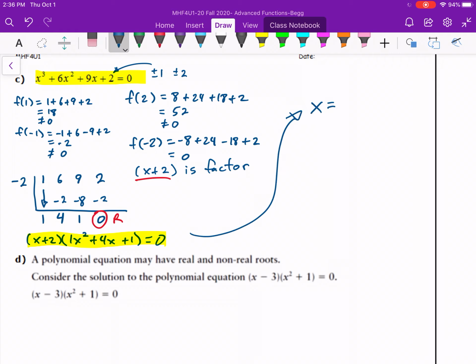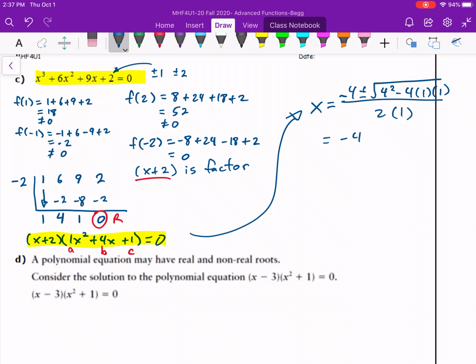X is equal to negative b, so remember here's a, b, c in our original quadratic. So negative b would be negative 4 plus or minus the square root of b squared, so 4 squared, minus 4 times a times c, all over 2a, and again a is 1.